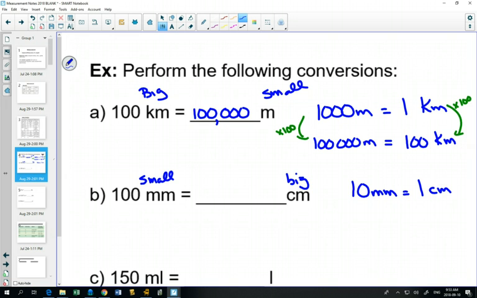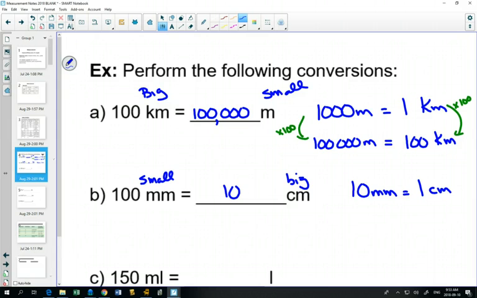So going from small to big, well, as soon as you have a bigger thing, you're going to need less of them to be equal. So in this case, we would divide by 10. Which would give me 10 centimeters. There. Because I would need less of them.